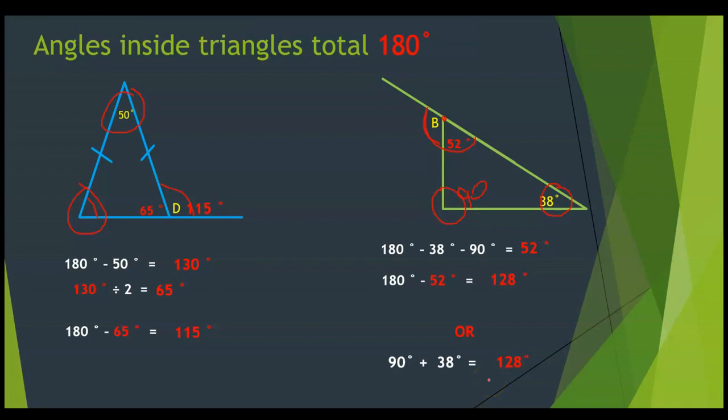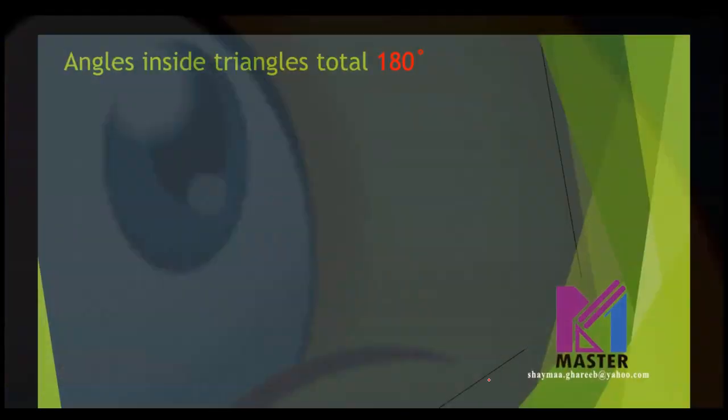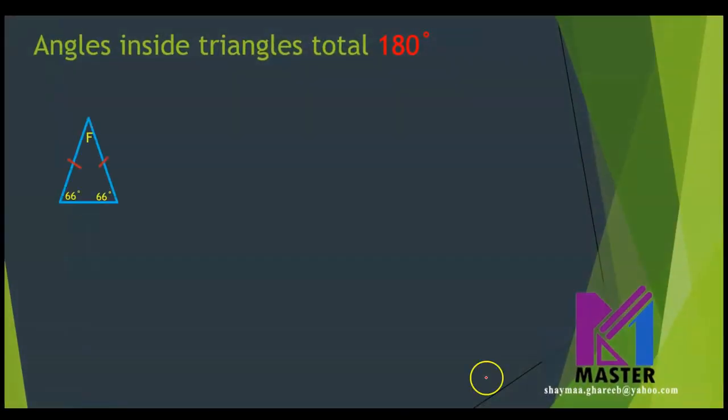Is this clear now? Now let's see some questions. Look at this isosceles triangle. We need to calculate angle F. 66 and 66. So what do you think? 180 minus 66 minus 66.